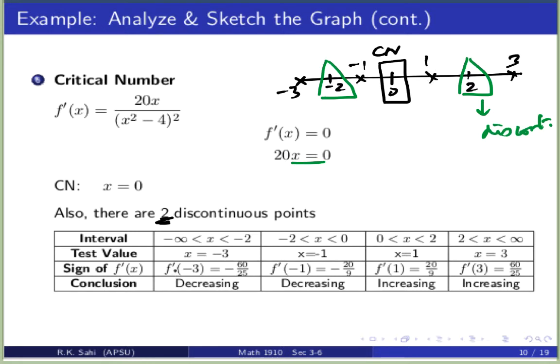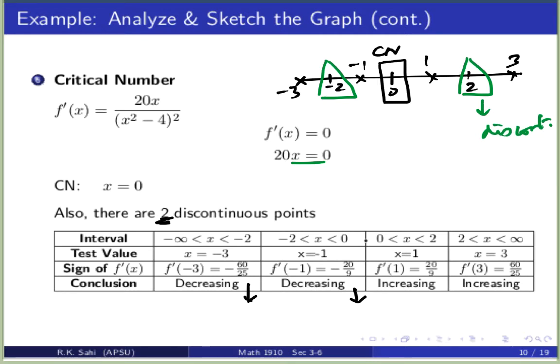We evaluate the first derivative at minus 3, minus 1, 1, and 3. When we evaluate the first derivative at minus 3, we get a negative number. That means the function is decreasing. At minus 1, again it is decreasing from minus 2 to 0.